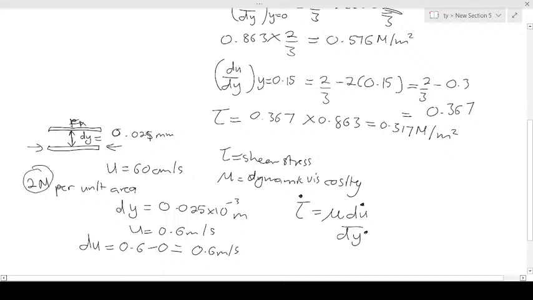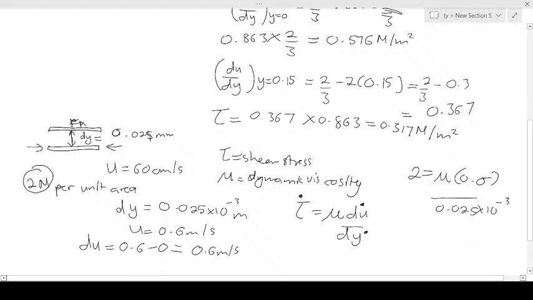So now we say that 2 is equal to mu times 0.6 all over 0.025 times 10 raised to the power minus 3.